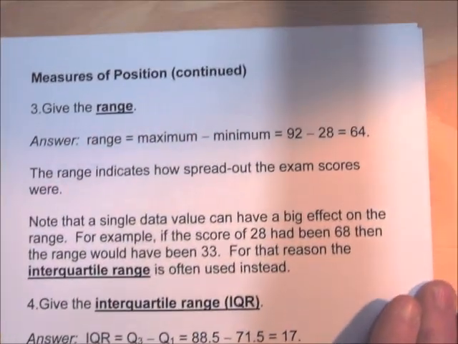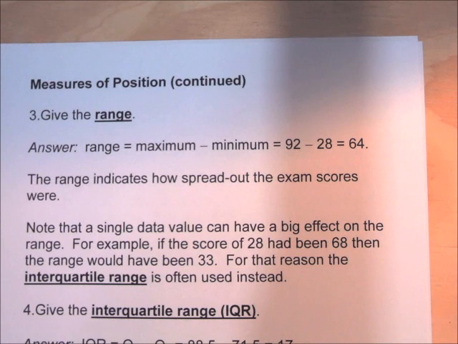Okay, the range. We're getting into measures of spread, but some of the easier measures of spread are based on measures of position, and we'll get into more detail on some of the other more important measures of spread in a different lecture. But anyway, the range is one of the easiest measures of spread to compute.